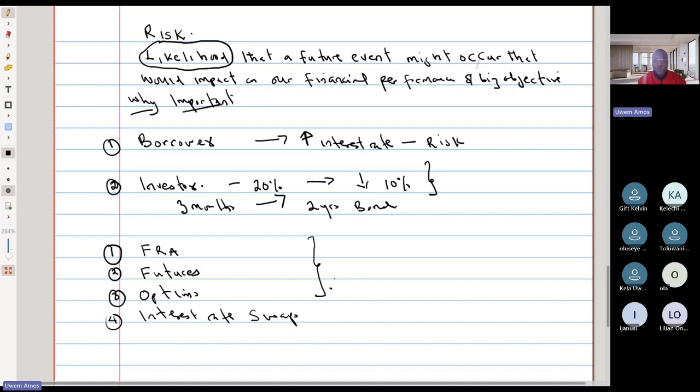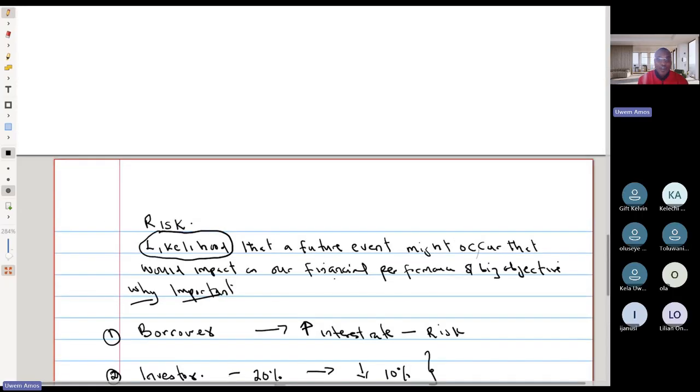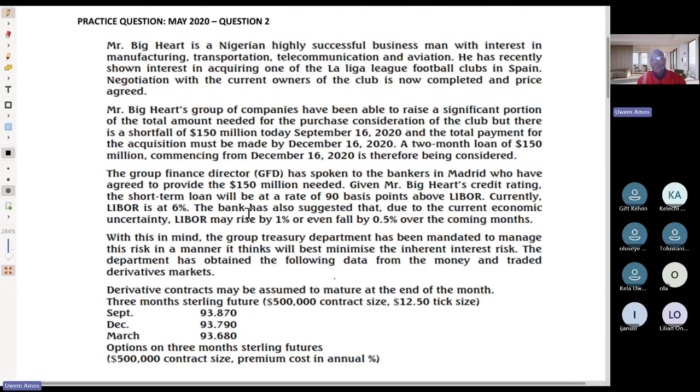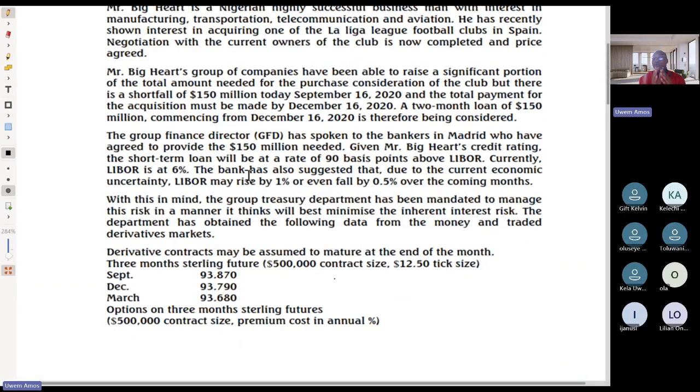So let's get right back to our question. Let's go back to it again. We said risk is the likelihood that something might go wrong. So let's go to Mr. Bickert again. This wonderful guy has a La Liga club he wants to buy. He wants to borrow, or he's concerned about interest rate. What is his fear?